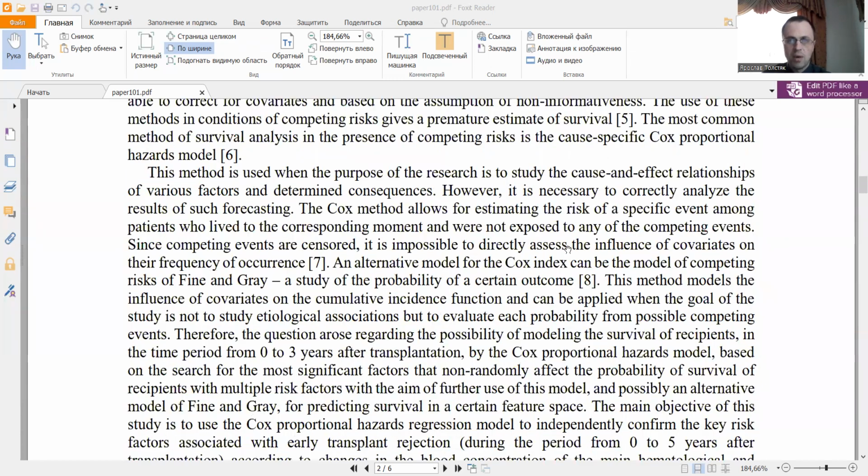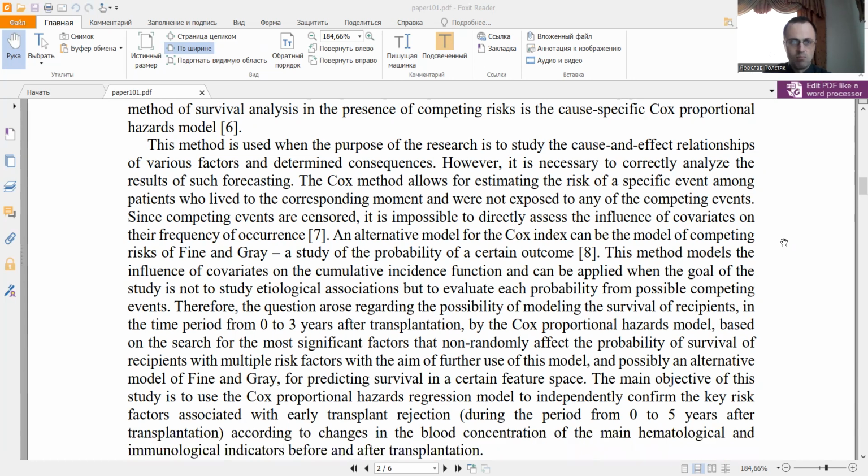The Cox method allows estimating the risk-specific function for subjects who at the corresponding moment were not exposed to any of the competing events. Since compliance is censored, it is impossible to directly assess the influence of covariates on their frequency and occurrence.